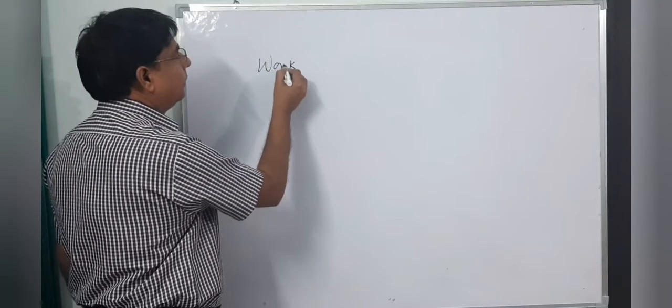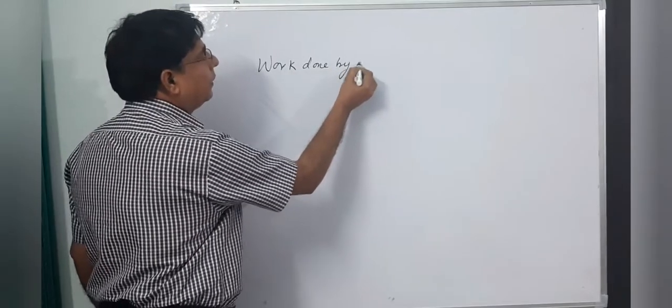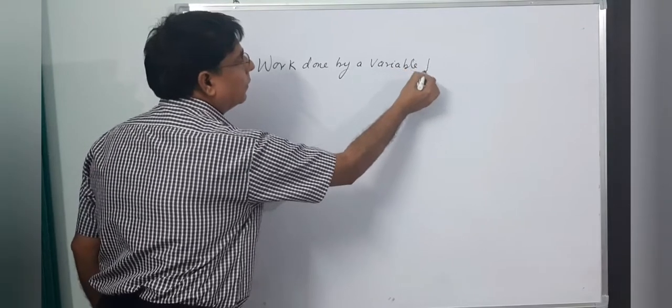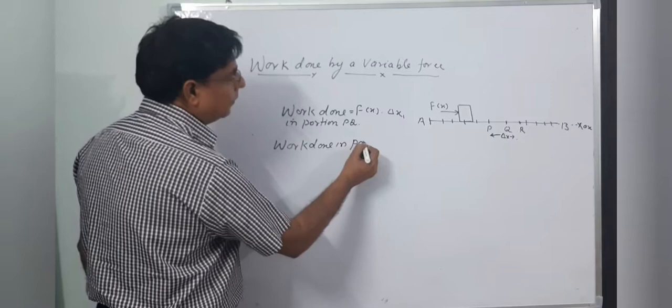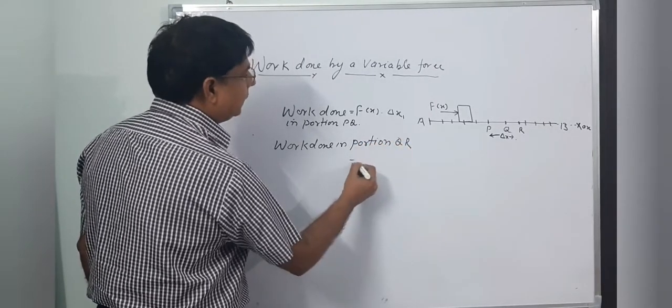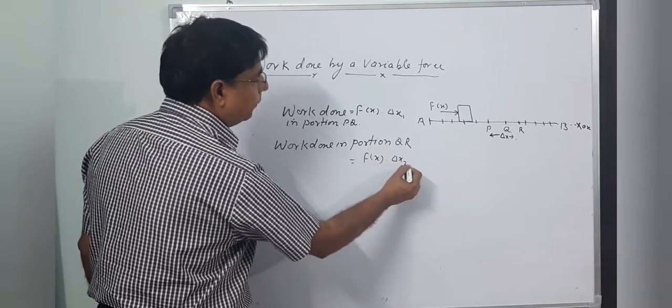Work done by a variable force. In portion QR it is Fx delta x2.